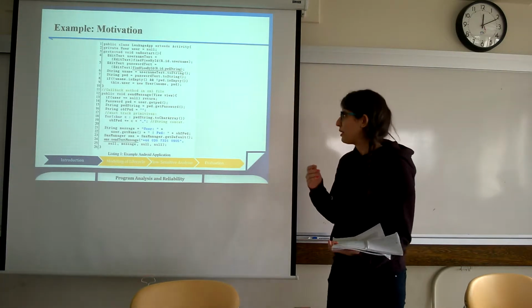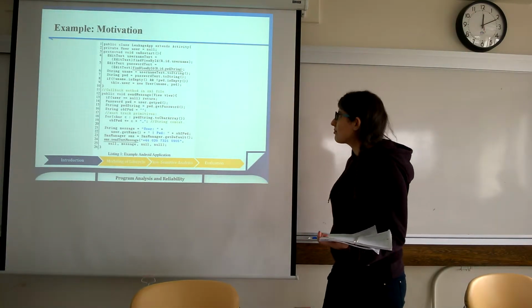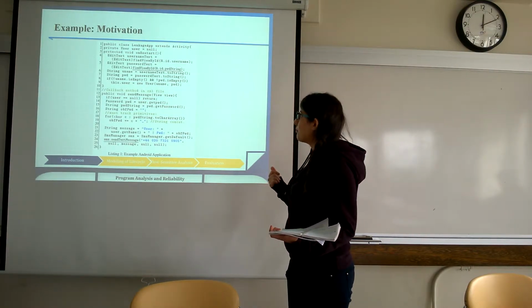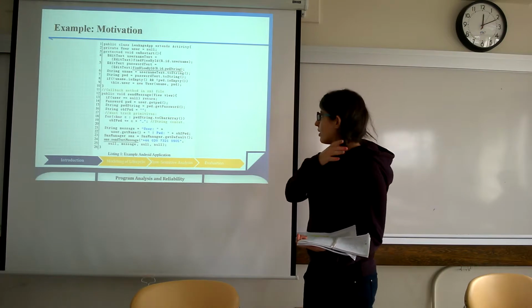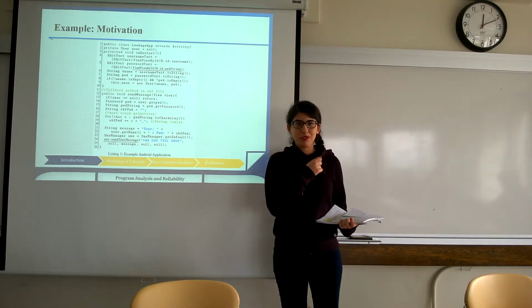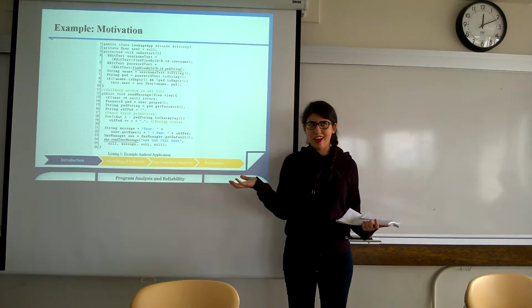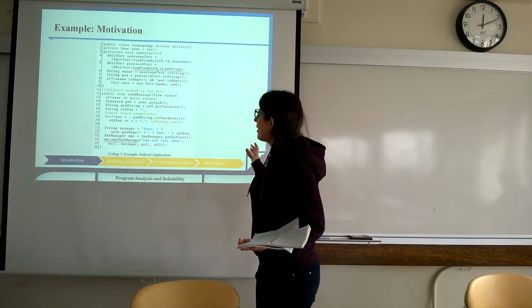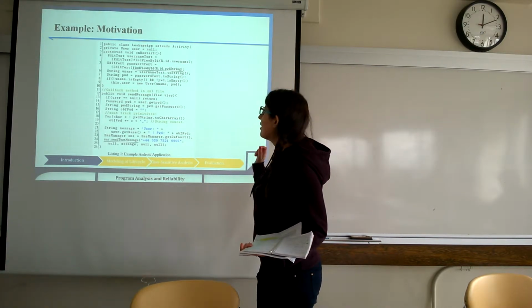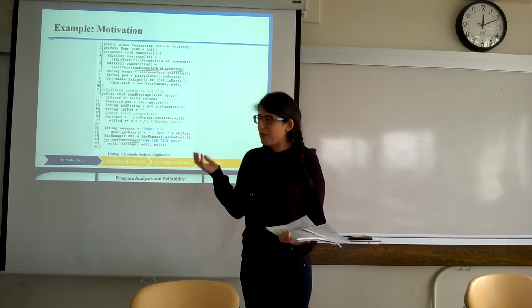So here is the motivation part. This is an activity from a malware app that tries to leak your password out. What happens here is that we have a password field and the username one.